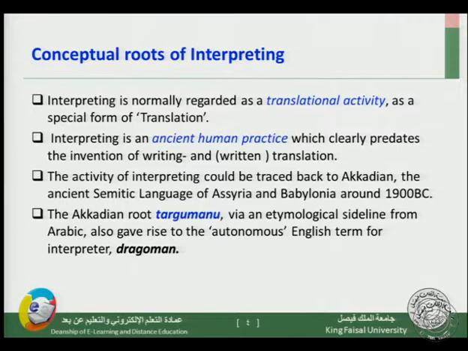The origin of interpreter was dragoman in English, and in Akkadian, the root Targumanu, which came, to be honest, via an etymological sideline from Arabic.